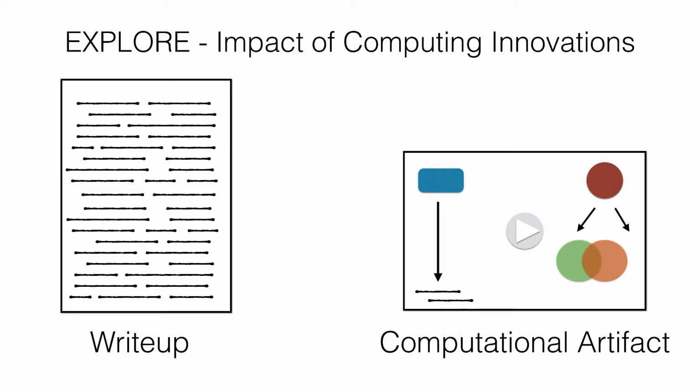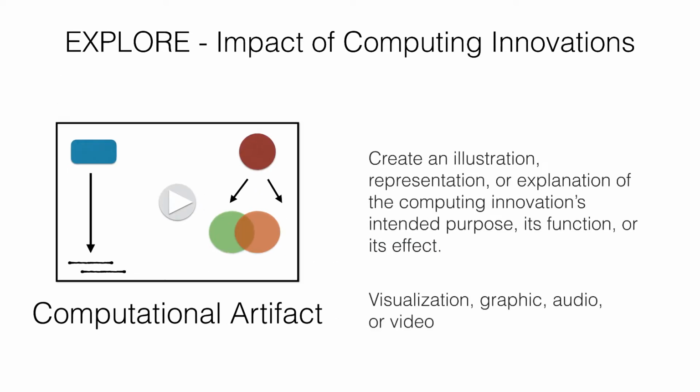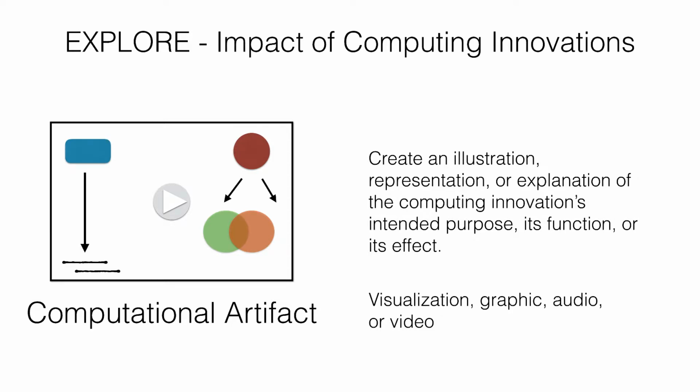All right, so the computational artifact, that is basically a thing that you've done with a computer. It's an illustration, a representation, or an explanation of the computing innovation's intended purpose, its function, or its effect. So any one of those 3 is fair game. Good ideas are some sort of a visualization.